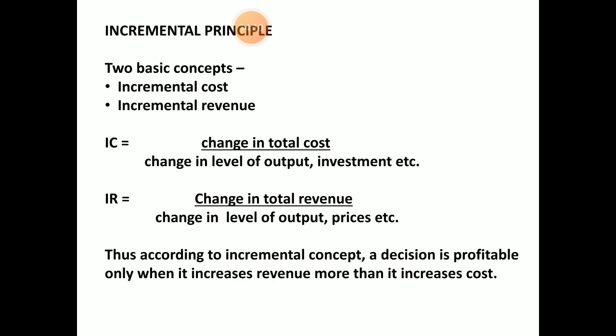Incremental cost is defined as the change in total cost as a result of change in the level of output, investment, etc. Incremental revenue refers to the change in total revenue resulting from a change in the level of output, prices, etc. A manager always determines the worth of a decision on the basis of the criterion that the incremental revenue is greater than the incremental cost.